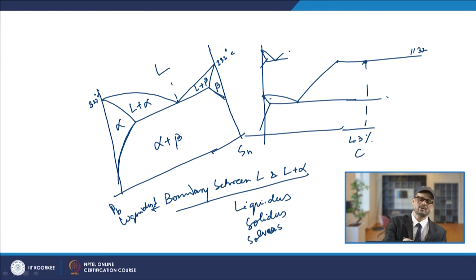So, normally you must know what these lines are known as. These will be your liquidus lines, L and L plus alpha. Similarly, L and L plus beta you will have liquidus lines. Similarly, the alpha solid phase and L plus alpha, that line will be your solidus line.